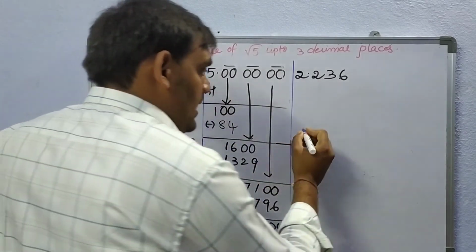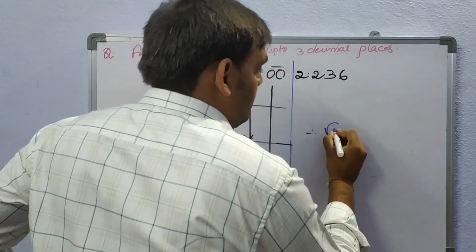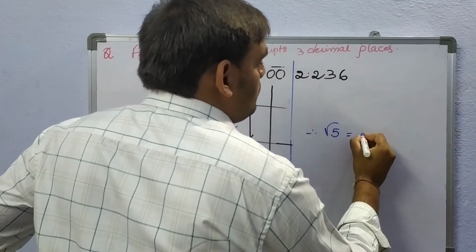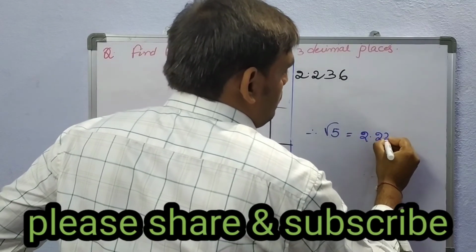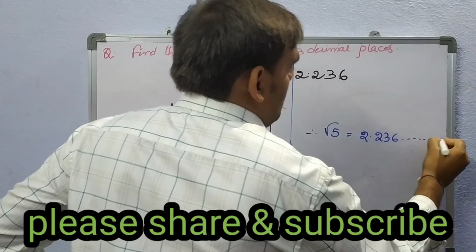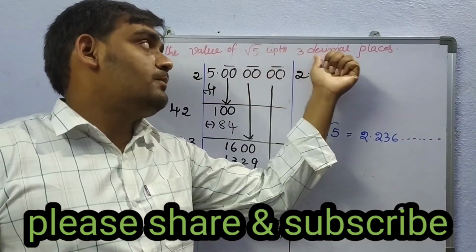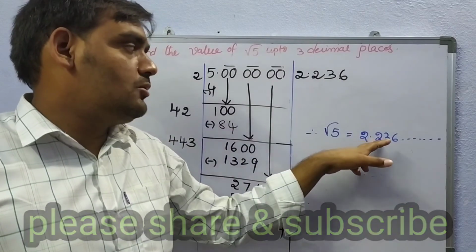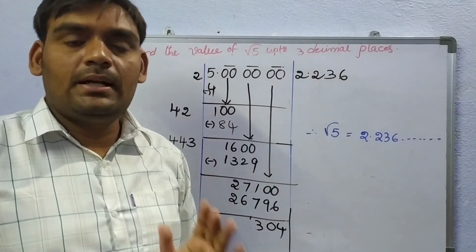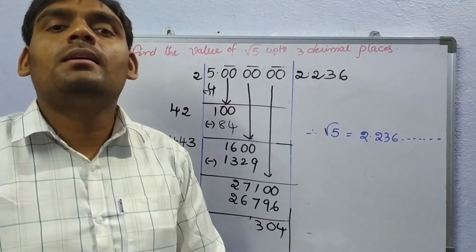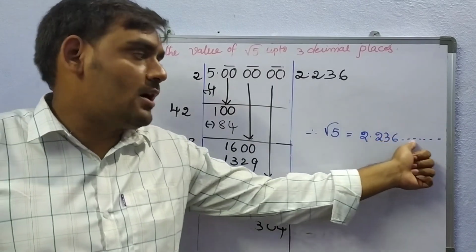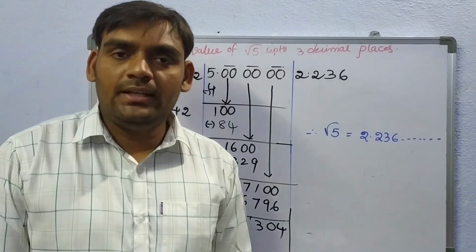So therefore we can write root 5 is equal to 2.236 and so on and so on. But in the problem they ask us up to 3 decimal places. Those are 2, 3, 6. That's it. But it is neither terminating nor recurring. So that only we need to keep and so on also. Okay. Thank you.